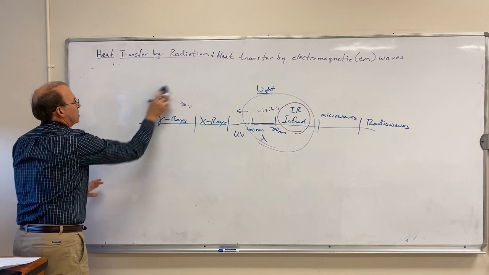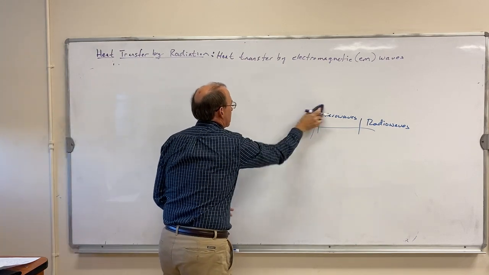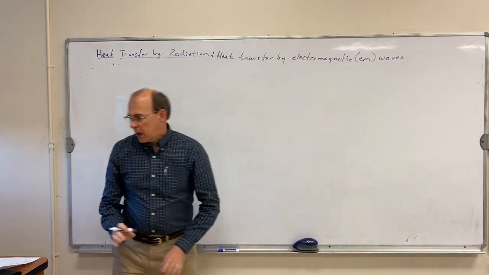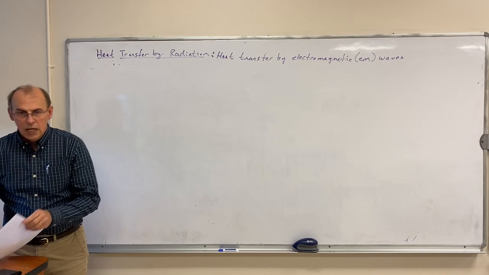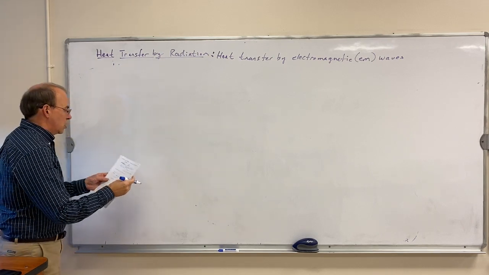What we want to be able to do, like we did for conduction and convection, is compute the power transfer. Now, deriving the power transfer for these waves is actually very complicated, so I'm only going to tell you the result.